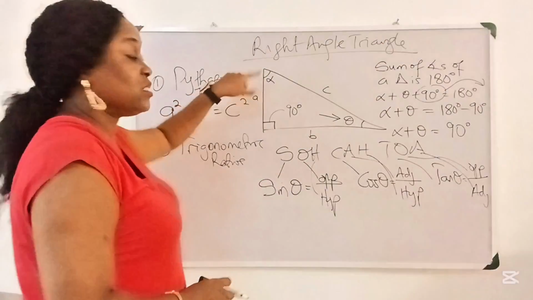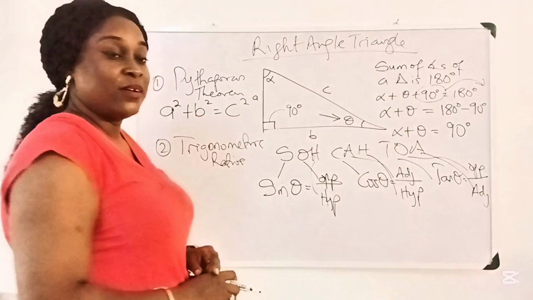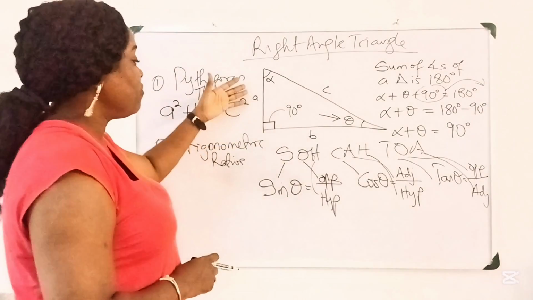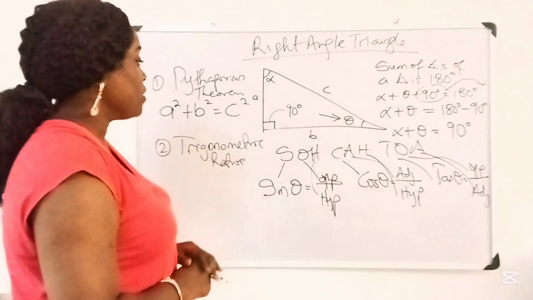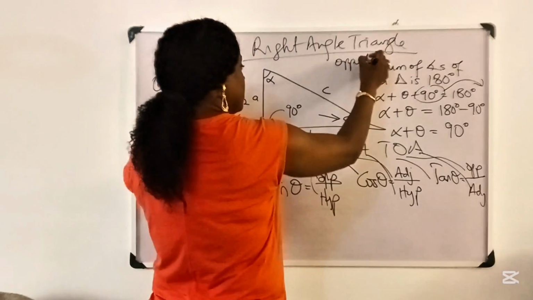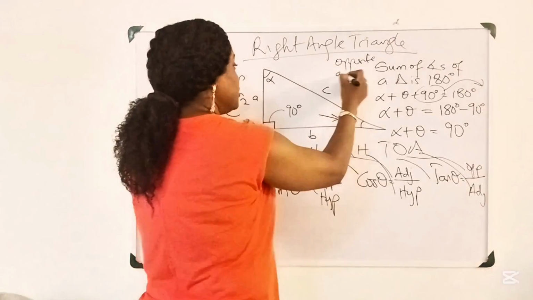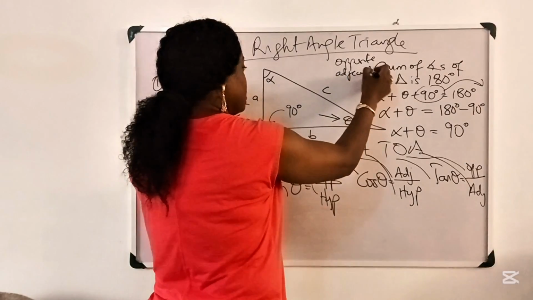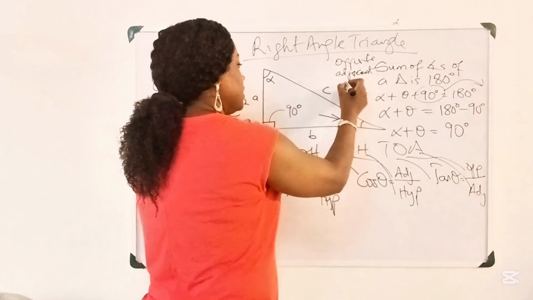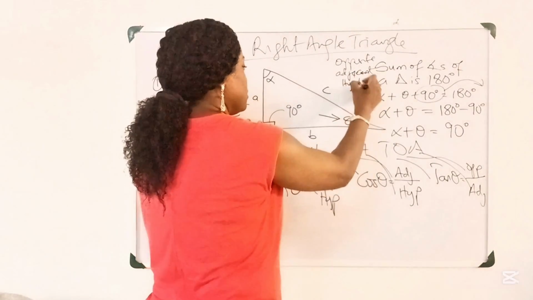Now let's talk about the sides of a right angle triangle. We have three types of sides in the right angle triangle: the opposite side, the adjacent side, and the hypotenuse.